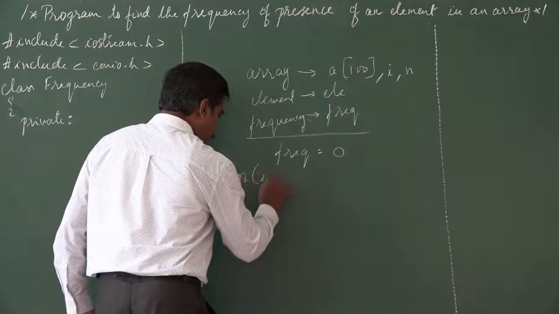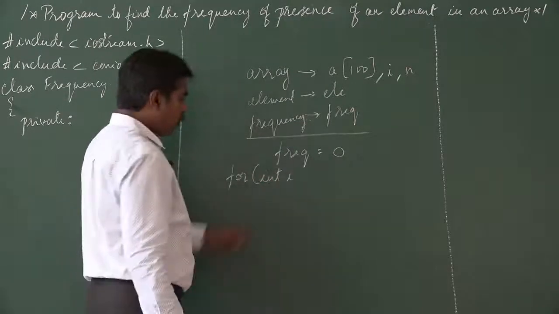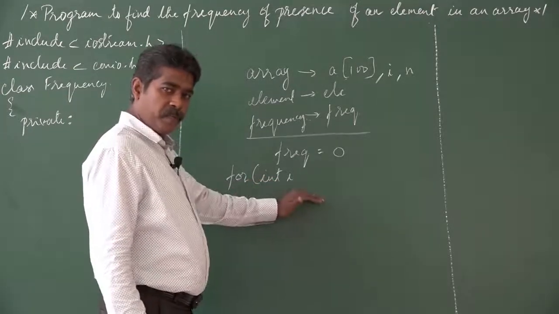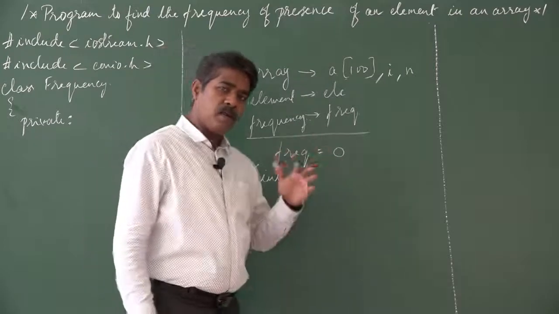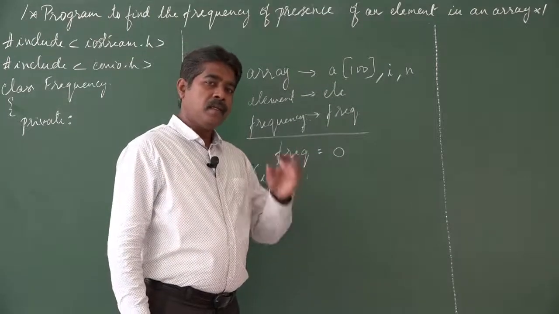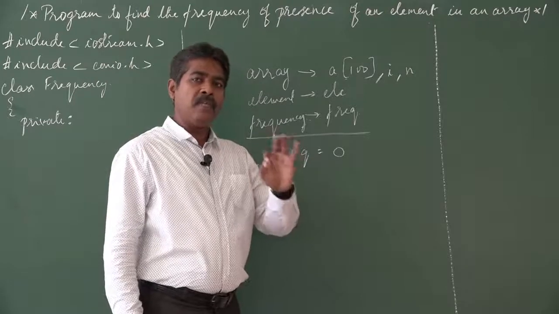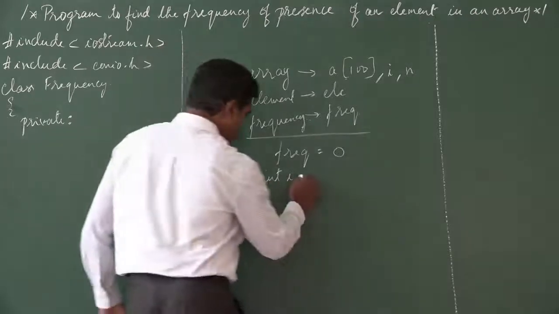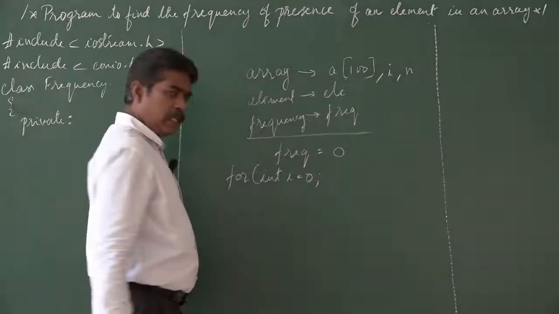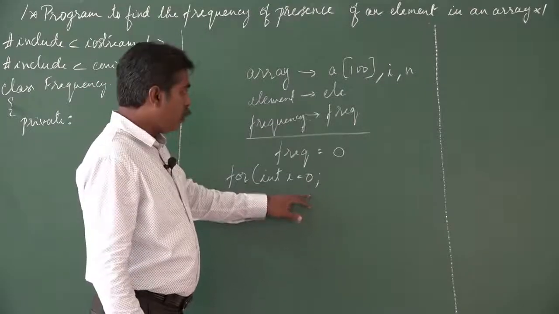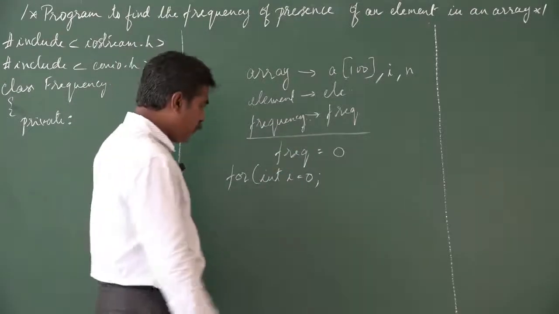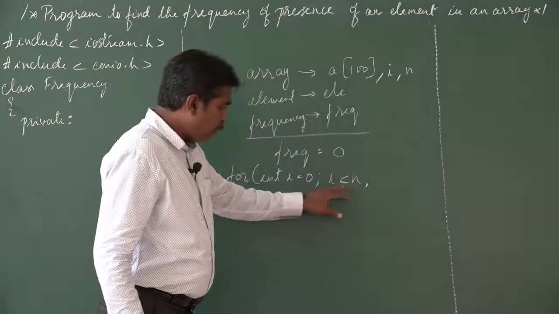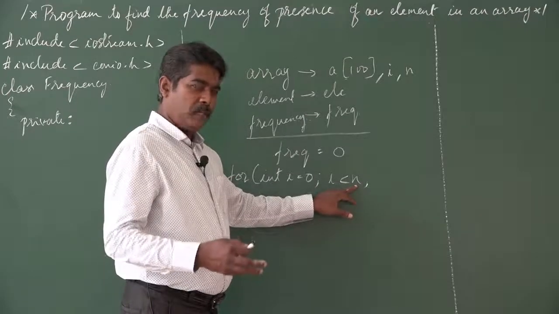Next, after that, we need the for loop. For int i, because I am declaring the variable i dynamically in the for loop. In the previous or preliminary classes, I said that C++ allows us to declare variables anywhere within the program, wherever we want. So for int i equals 0, 0 being the indexing value of an array, the first indexing value we begin with, and then i less than n. n denotes the total number of elements.